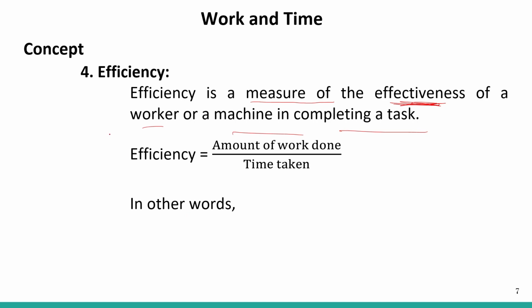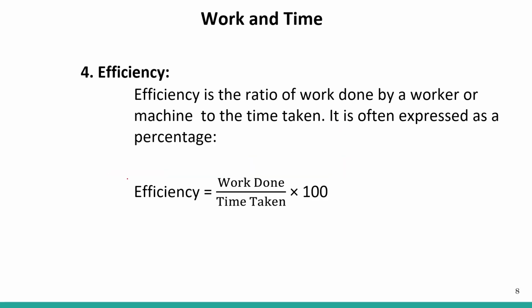This formula is important, so please remember this one too. In other words, efficiency is the ratio of work done by a worker or machine to the time taken. It is often expressed as a percentage, so efficiency is equal to work done by time taken into 100, as we want to tell it in percentage.